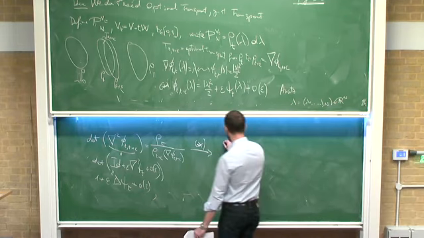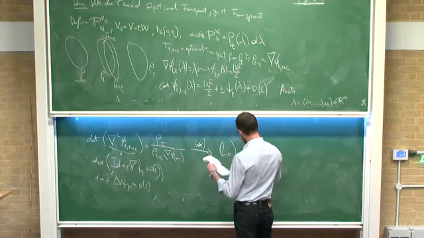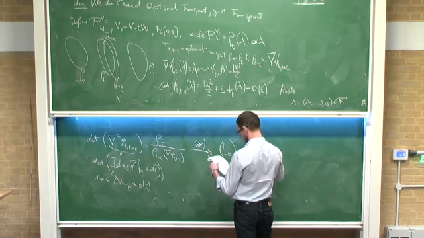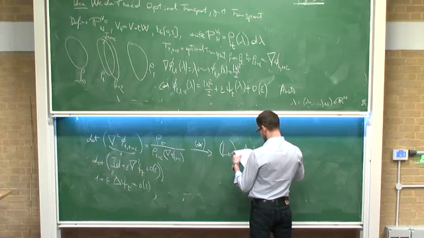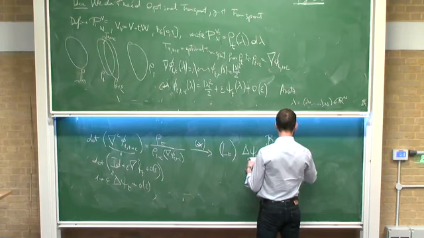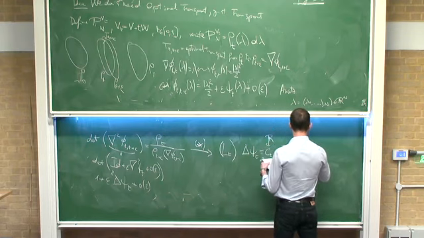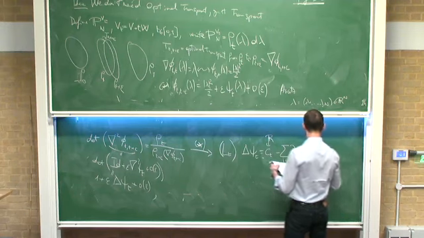So you get the following equation that I'm going to call L of t, because it's linear. The Laplacian of psi t is a constant, minus the sum over i less than j of di psi t minus dj psi t over lambda i minus lambda j.